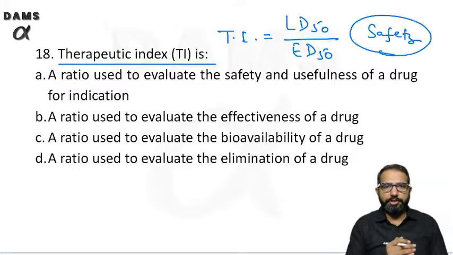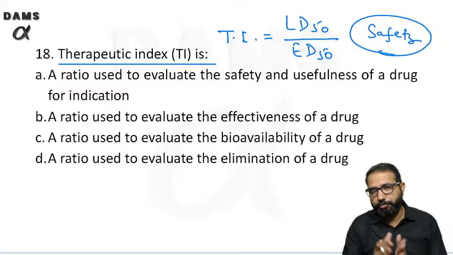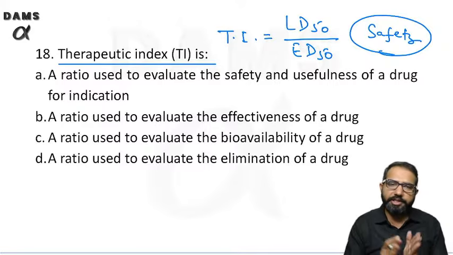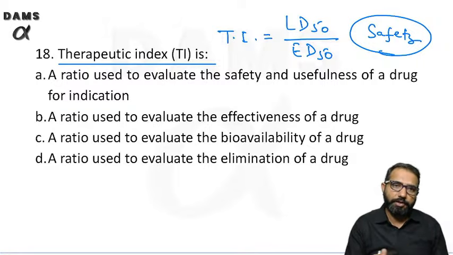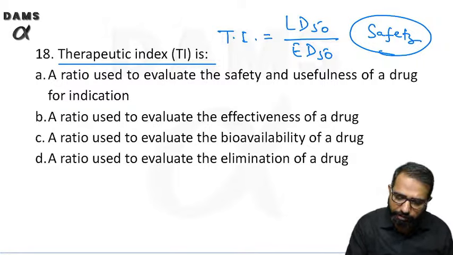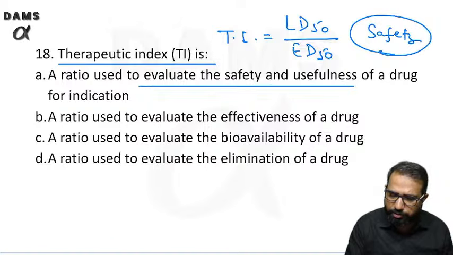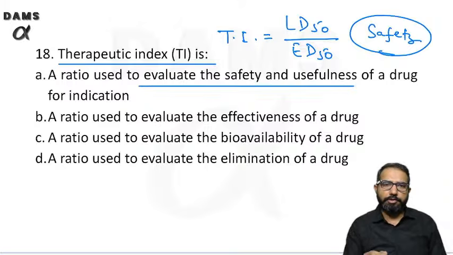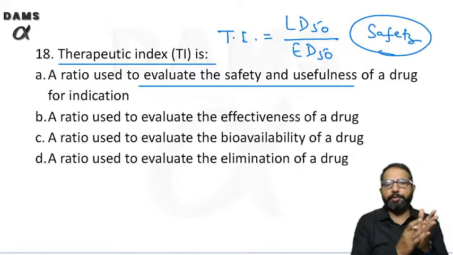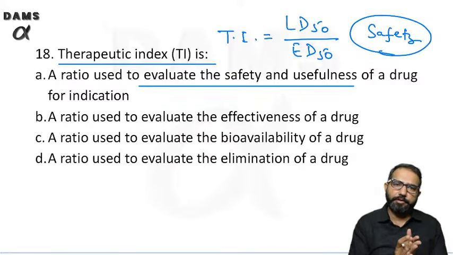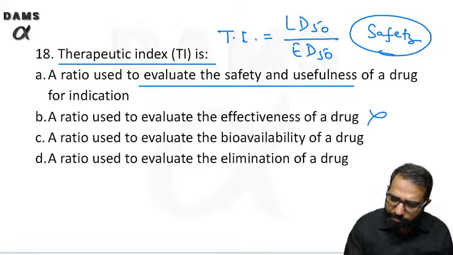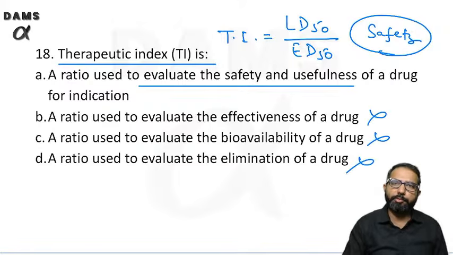If the therapeutic index ratio is more than 2, the drug has a broad therapeutic index and is safe. Less than 2, the drug has a narrow therapeutic index and is less safe. So this ratio gives the safety and usefulness of a drug, because if the range is narrow, the usefulness will be less since safety will be less. It is not for effectiveness, not for bioavailability, not for elimination.